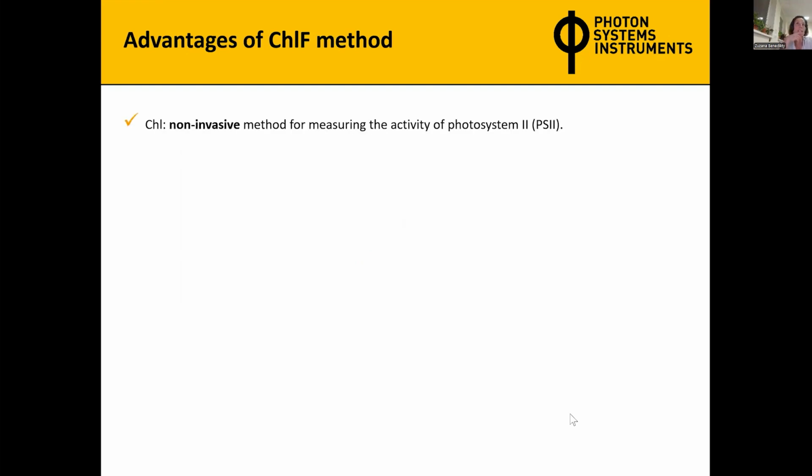Advantages of chlorophyll fluorescence. First of all, fluorescence is an optical signal. Optical measurements are always non-invasive methods. So you can monitor samples without touching or destroying them. This is the first and big advantage of chlorophyll fluorescence.